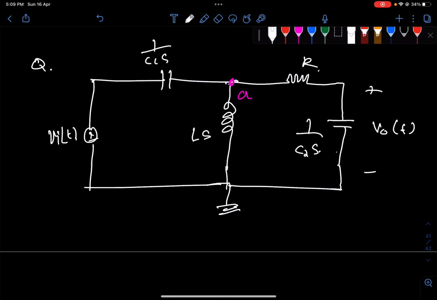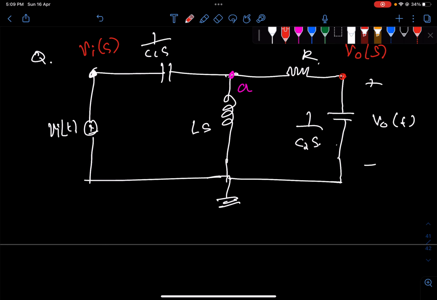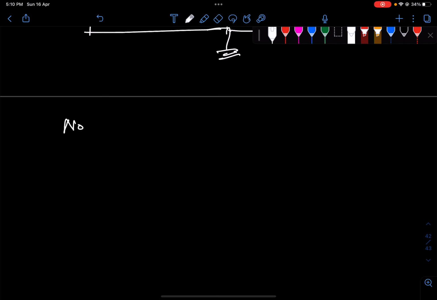At this point, whatever the voltage is, it is Vi(s). At this point, it will be V0(s), right? Yeah, guys. Just applying nodal analysis by assuming the current is going outward, at point A.